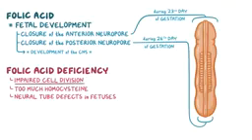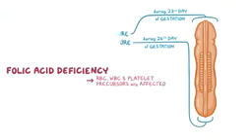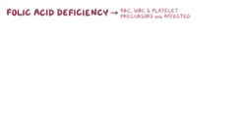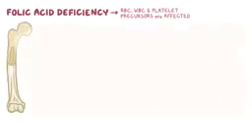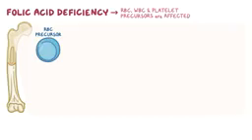When cell division grinds to a halt, rapidly dividing cells in the bone marrow, such as red and white blood cells, as well as platelet precursors, are affected. Inside the bone marrow, red blood cell precursors are normally big and plump, and they undergo a series of cell divisions which results in smaller, mature red blood cells.